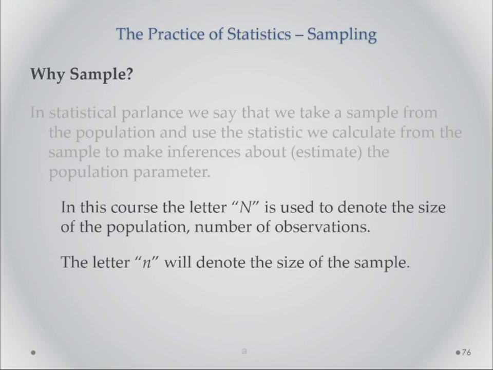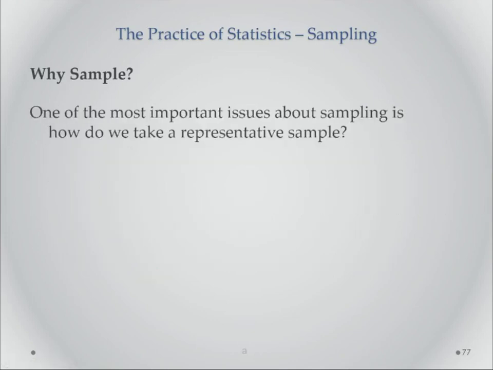The first is the uppercase N, which represents the size of the population, or the number of observations in the population as a whole. The lowercase n represents the size of the sample. Key to understand: when you see N equals 100,000, if it's an uppercase N, that's the population. It has 100,000 observations.